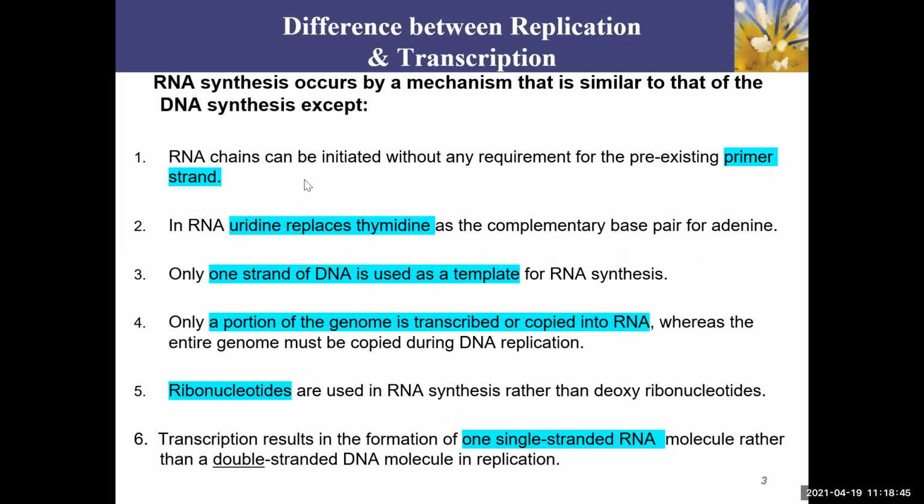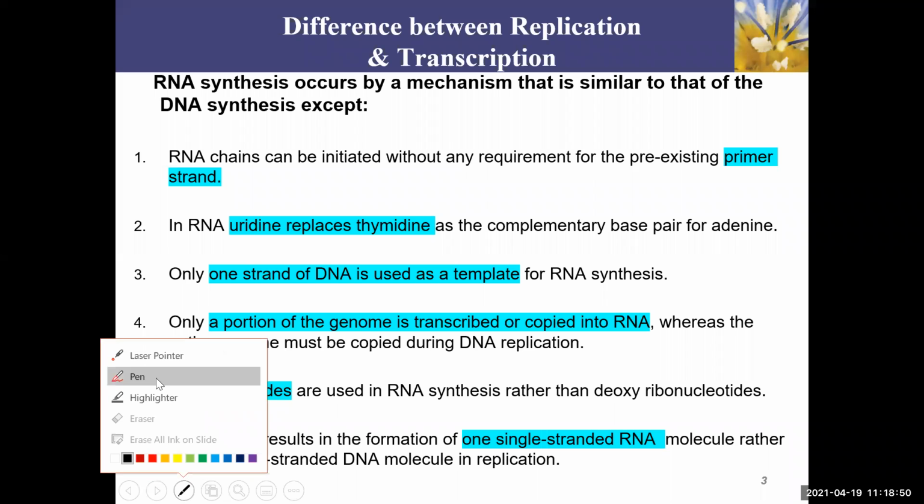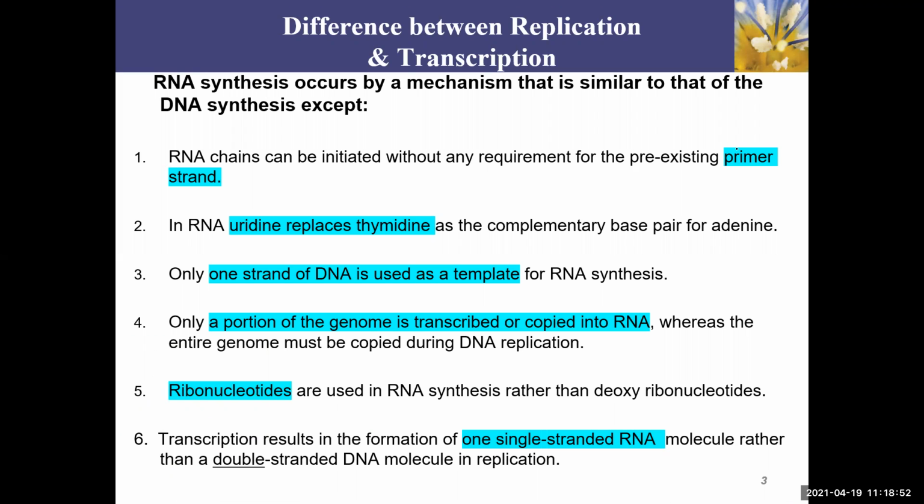So in DNA synthesis, you know that we needed a primer. DNA replication will not take place if there is no primer, right? But a primer is not required in RNA synthesis, because the enzyme we use here, RNA polymerase, can work without a primer.